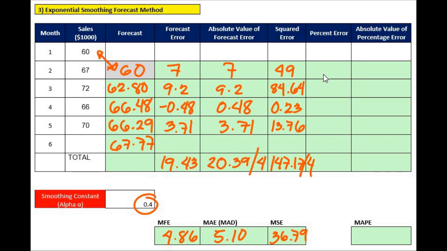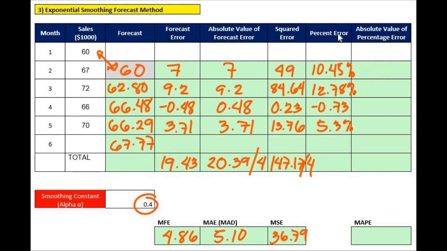Okay, for the percentage error, that is our forecast error divided by the actual sales times 100. This will be 10.45%, 12.78%, negative 0.73, and then next one, that would be 5.3%.